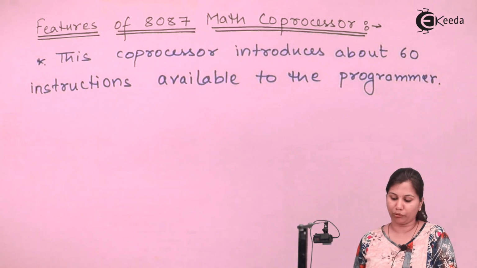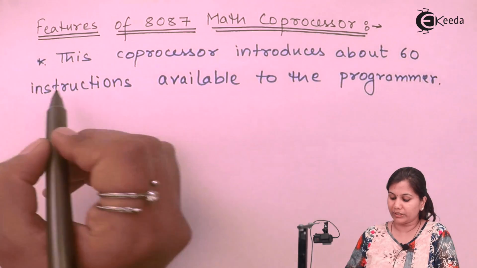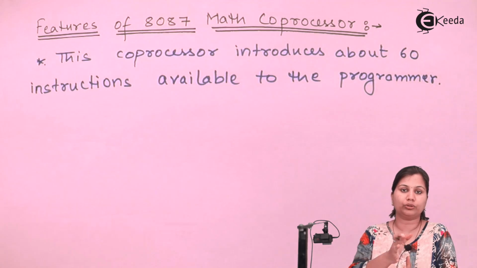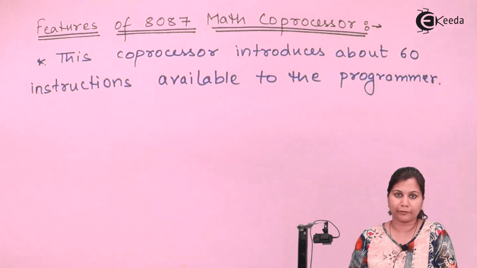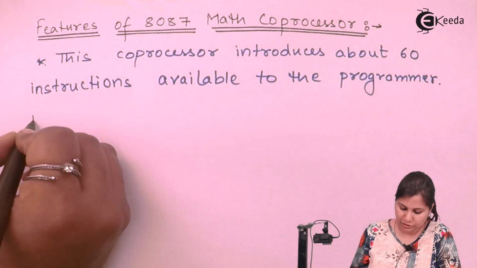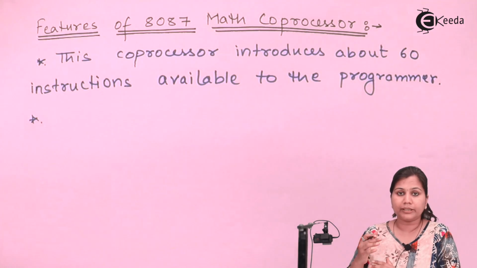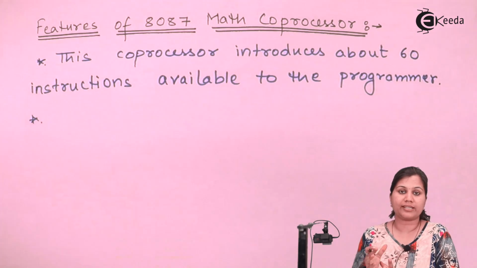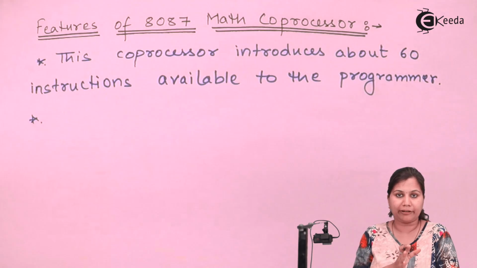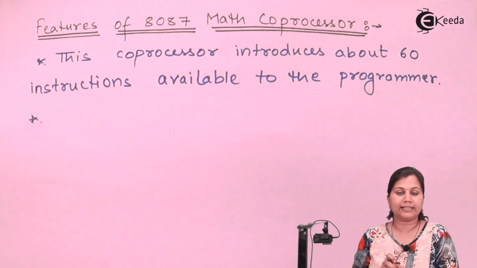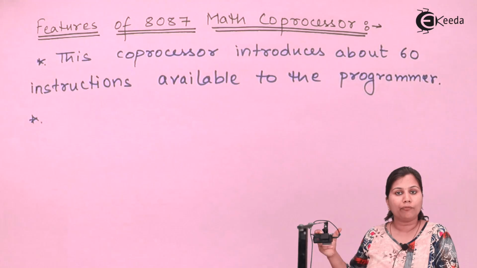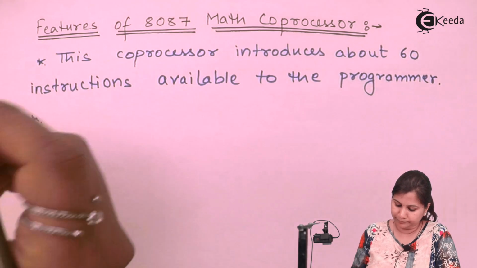The mnemonics of all these instructions start with the letter F, which indicates that it is an instruction for floating point numbers.